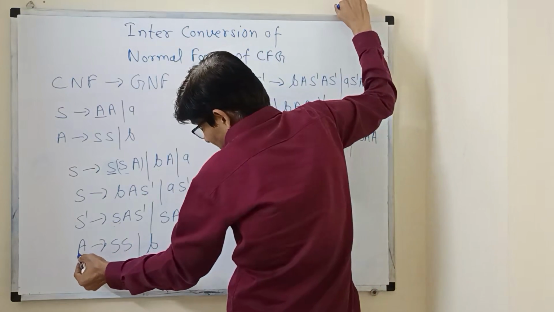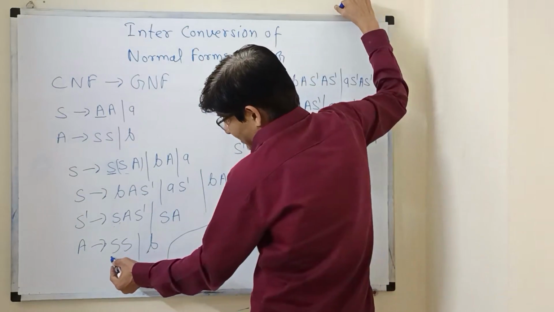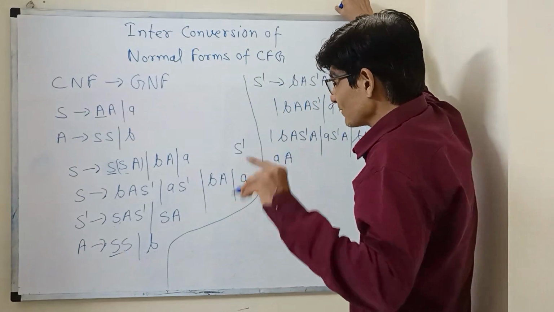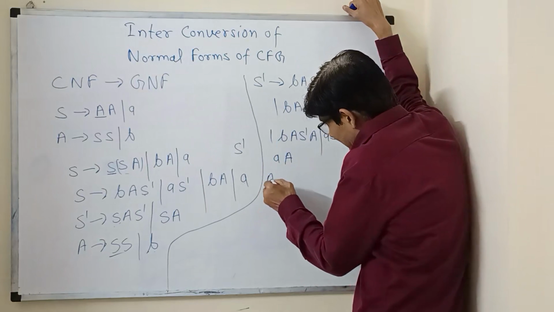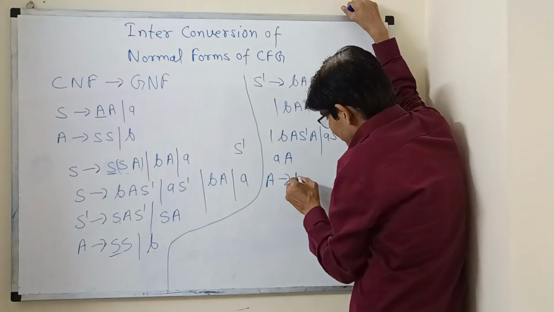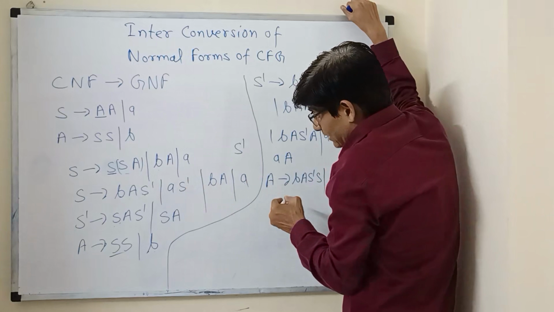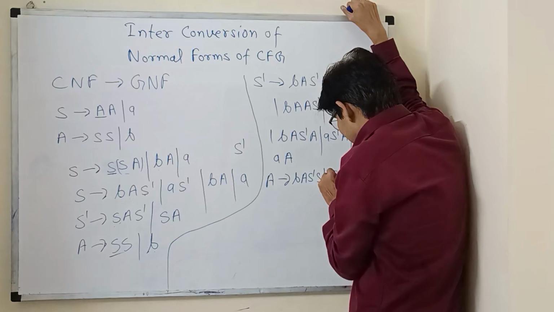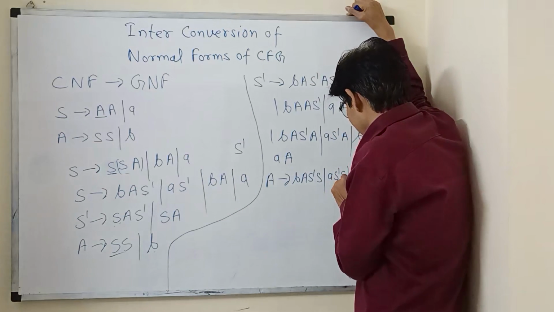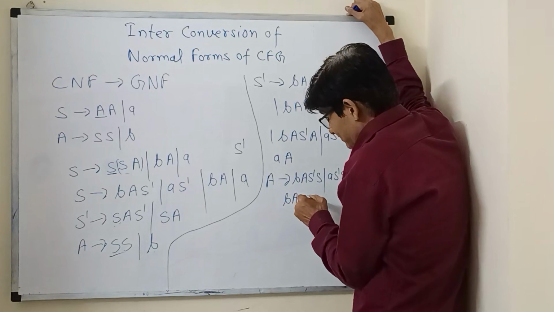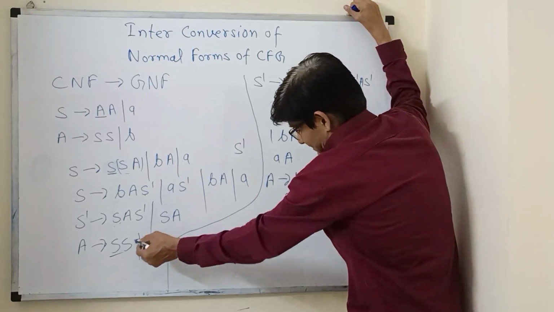Now we need to convert productions of A into GNF. So here also we can replace the first occurrence of S with all its productions, and in this way we will have A gives, first value of S we are taking, BA S' S. Now second value of S we are taking, A S' S. Now third value we are taking BA S. Then fourth value we are taking A, and this S is there.